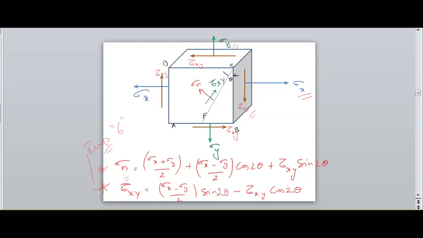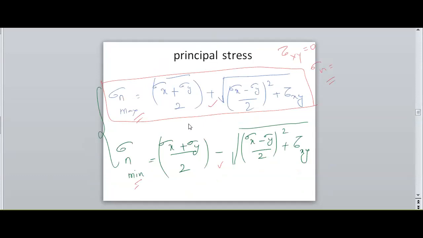So we have derived it in the previous class. The maximum principal stress is (sigma x plus sigma y) by 2 plus root of ((sigma x minus sigma y) by 2) whole square plus tau xy square. And the minimum principal stress is (sigma x plus sigma y) by 2, with a negative instead of positive, minus root of ((sigma x minus sigma y) by 2) whole square plus tau xy square.